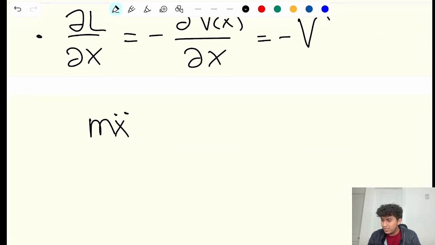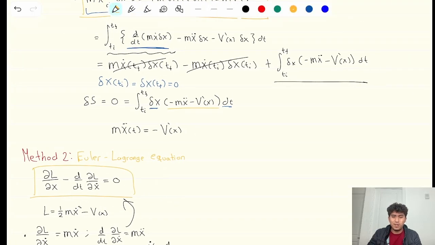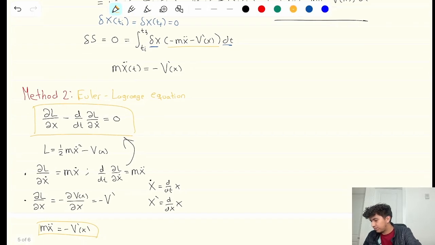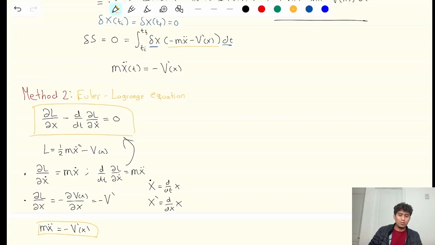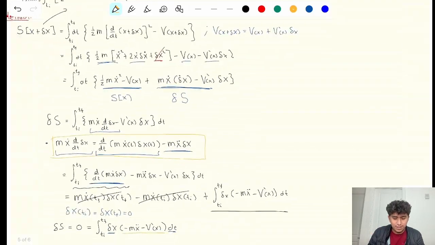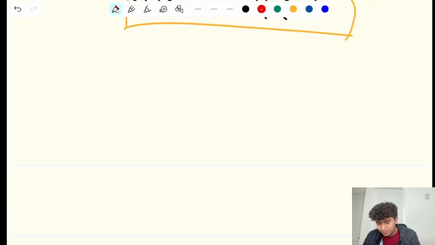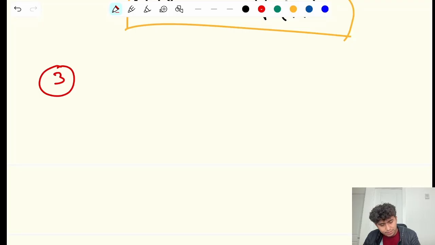It's much faster, much simpler to derive equations of motion using this method, but there will be cases in which it's just not feasible to do this. I'll show you why when we get to those examples. Cool. Okay, so with this introduction to classical mechanics and how to use it, we can go into non-relativistic strings. So we can finally start doing strings.